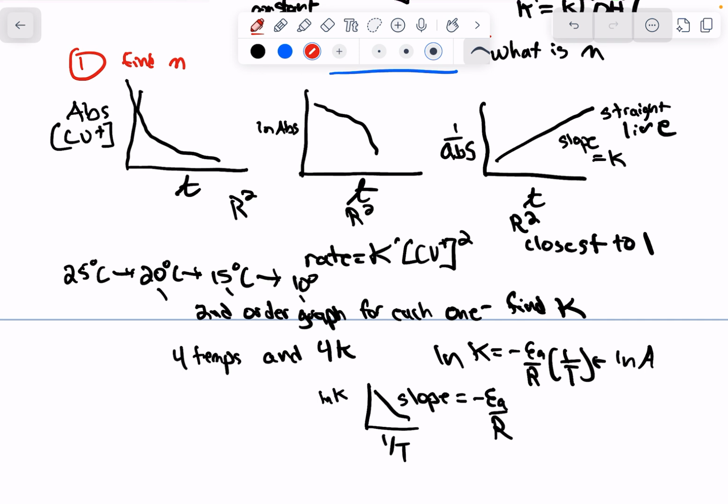In this case, it was 1 over the absorbance versus time, and you can get k at 4 different temperatures. The next thing is to do this at 4 different temperatures to find k. And then last but not least, you're going to use this to find the activation energy. So that's the gist of the lab. I hope this helps. Talk to you soon.